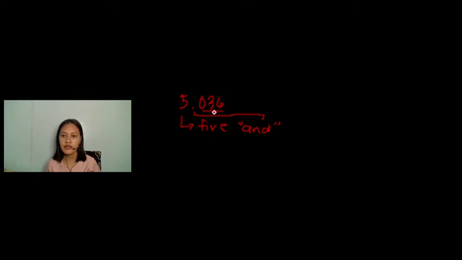And then, for this one, we apply the previous idea of how we read it. Read as if you're reading a whole number, then affix the place value of the last digit. So, that is 36 thousandths. Again, be careful with spelling.